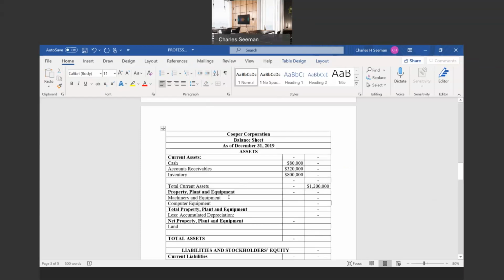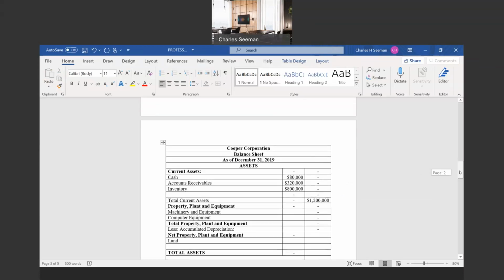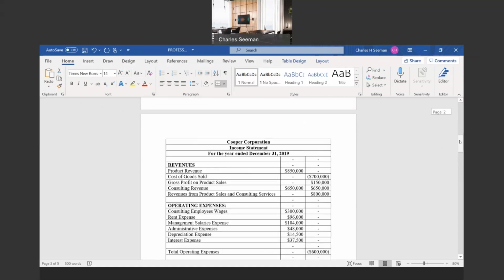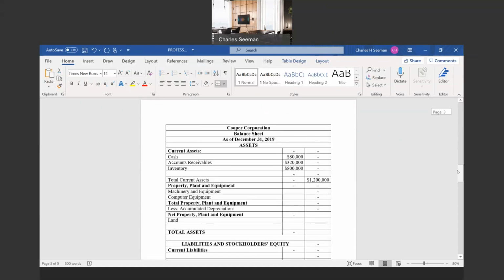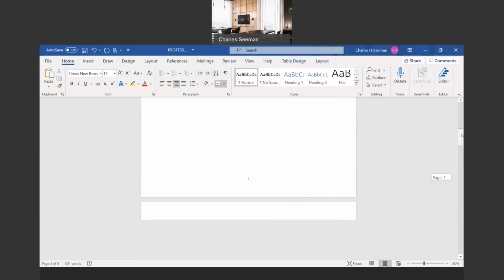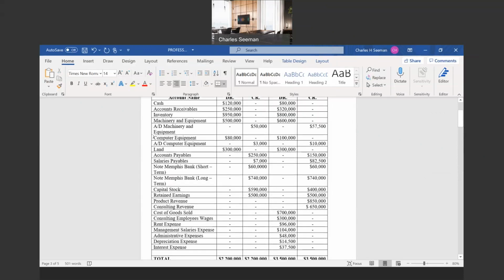So you would expect machinery and equipment and computer equipment to last longer than 1 year. So the machinery and equipment value is $600,000. The value of the computer equipment that I have is 100,000.